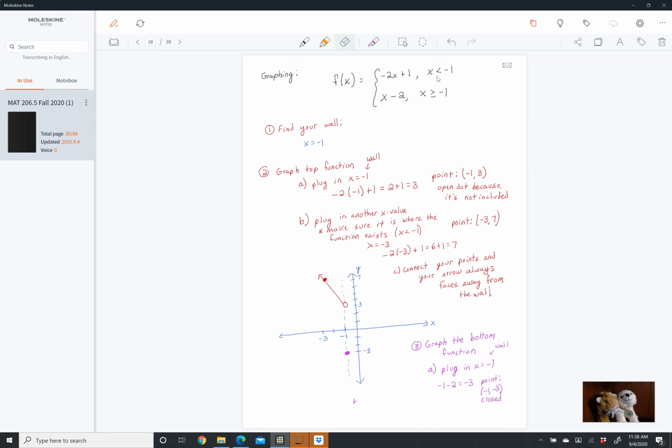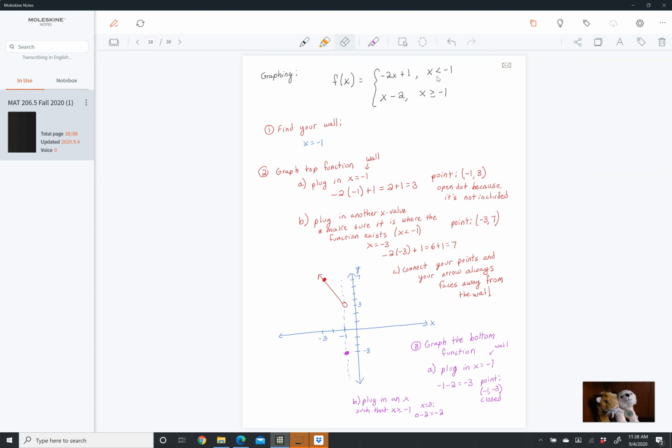So plug in an x such that our only requirement is that x is greater than or equal to negative 1. So let's plug in 0. So 0 minus 2 is equal to negative 2.